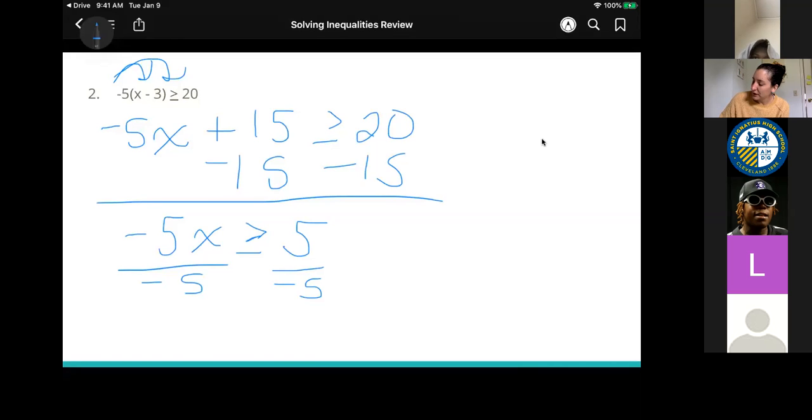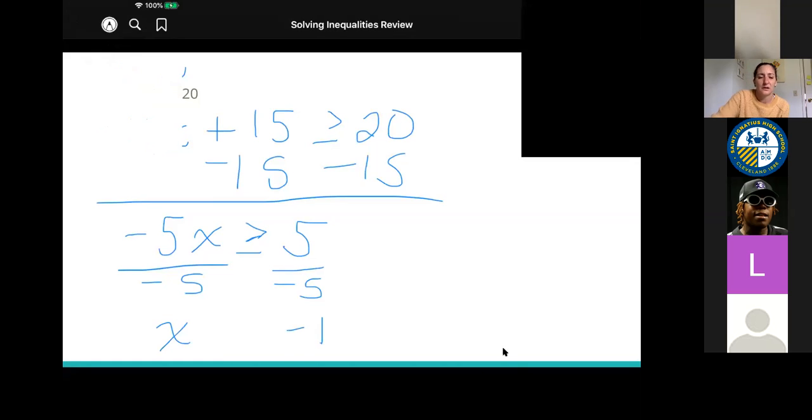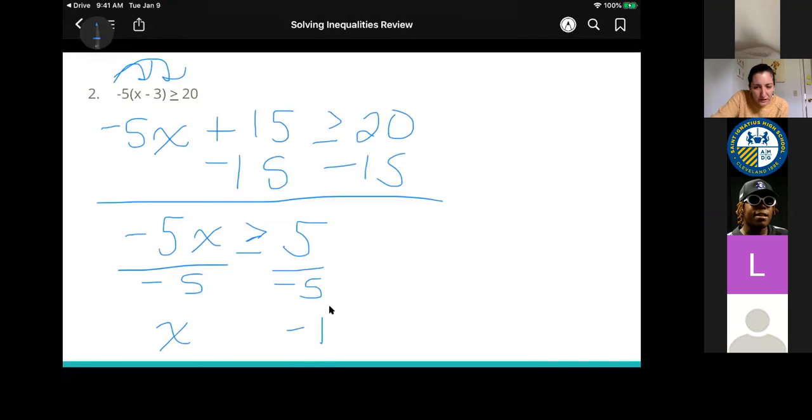So I have 5 over -5, so I have a -1 and an x. And will this be greater than or equal to? X is greater than or equal to -1.